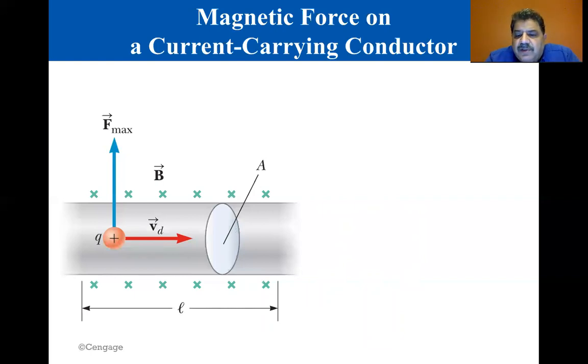Consider the figure which shows a straight segment of wire of length L and cross-sectional area A carrying the current I in a uniform external magnetic field B. Let's assume that the magnetic field is perpendicular to the wire and is directed into the screen. A force is exerted on each charge carrier in the wire, where v_d is the drift velocity of the charge.